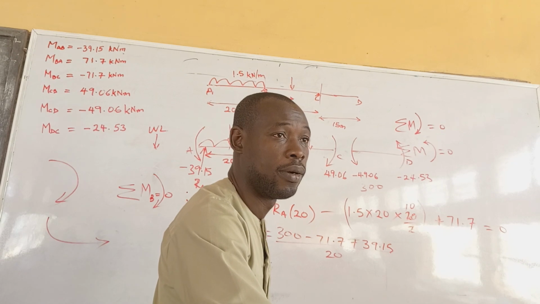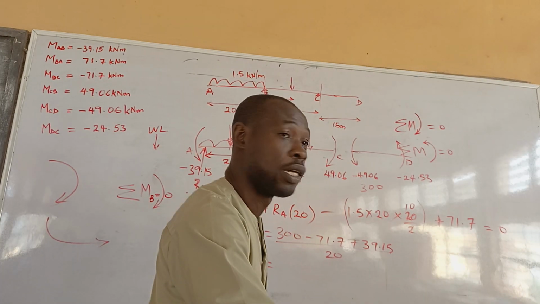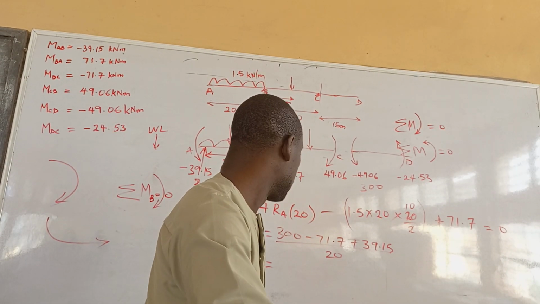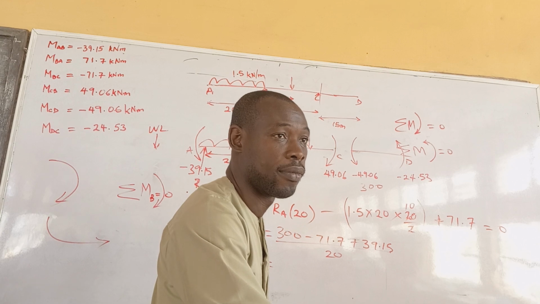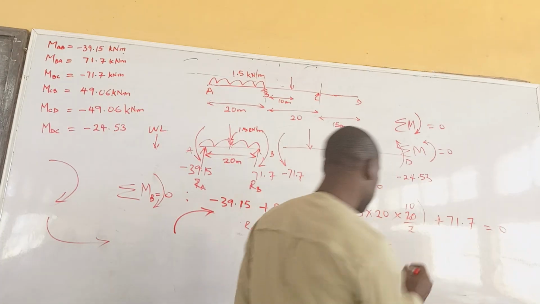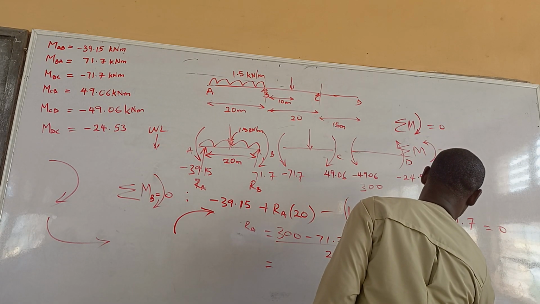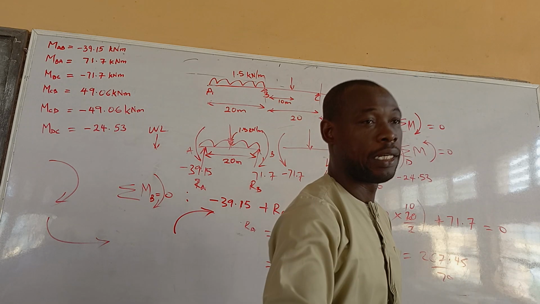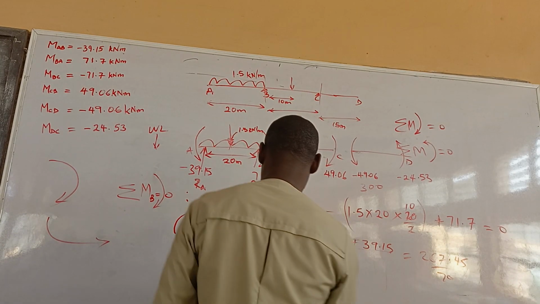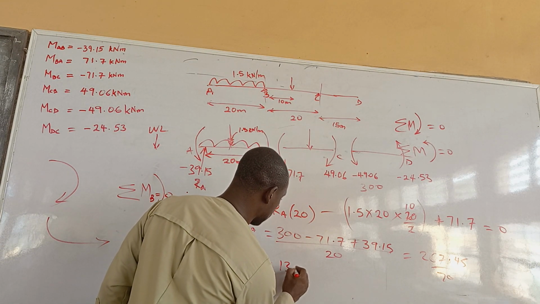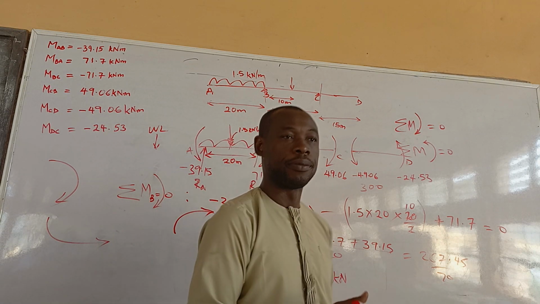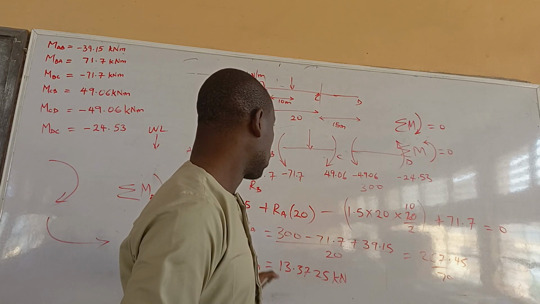That's 300 minus 71.7 plus 39.15, which will be 267.45. Now let's divide it by 20. What are we going to have? 13.3725. So our reaction at A is 13.3725 kilonewton. Very good. Now, we have gotten our reaction at A.